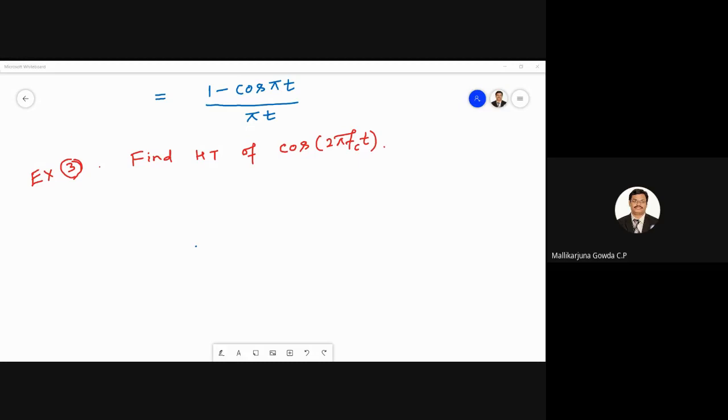Yes, how do you start? So your input signal is g of t, right? Which is equal to what? Cos 2 pi fct, isn't it?